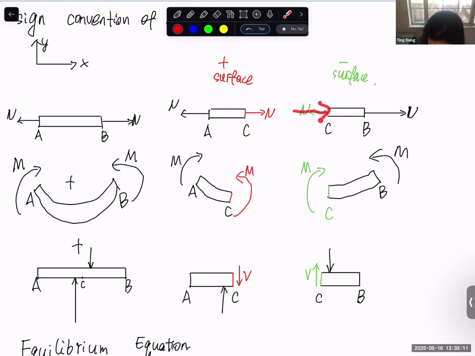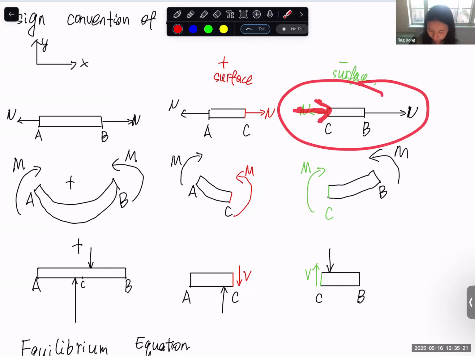Let's say on this surface, this is defined as the positive internal normal force. So you do the force equilibrium, and you have the internal force plus this external applied force equal to 0.